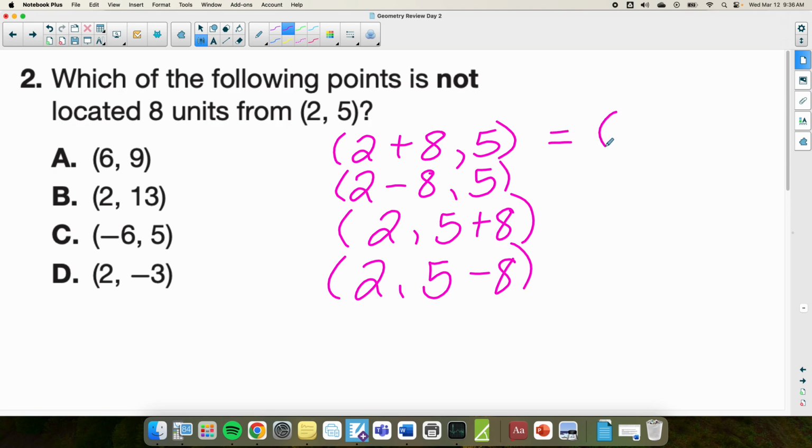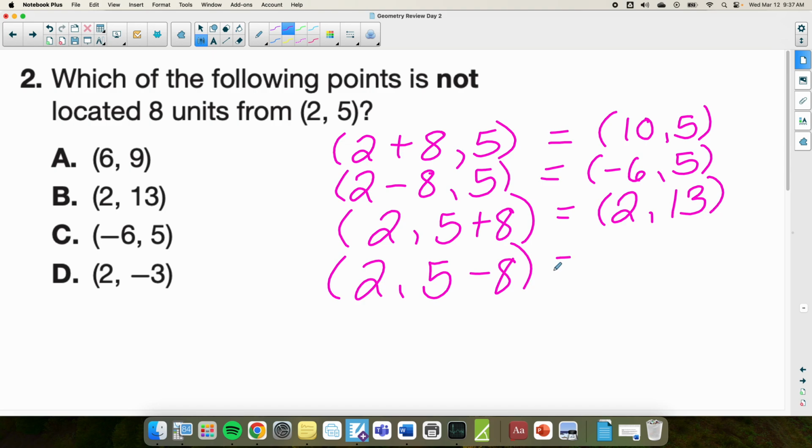So this point gives us 10, 5. This point gives me -6, 5. This point gives me 2, 13. And this point gives me 2, -3. And what I'm going to do is come over here and see which one of these is not one of those. 6, 9 is not.